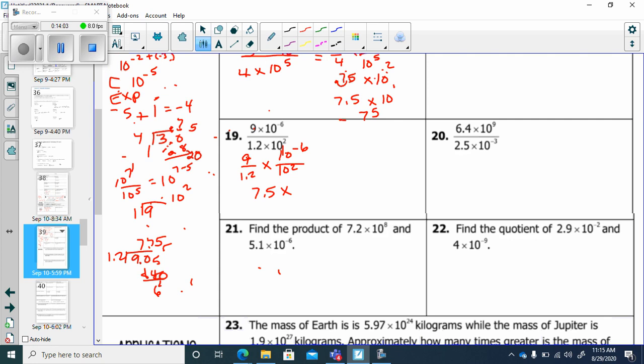That's negative 6. That would give us negative 6 minus 2. That's the same as saying negative 6 plus negative 2, which gives me negative 8. So that's times 10 to the negative 8. Okay? All right.